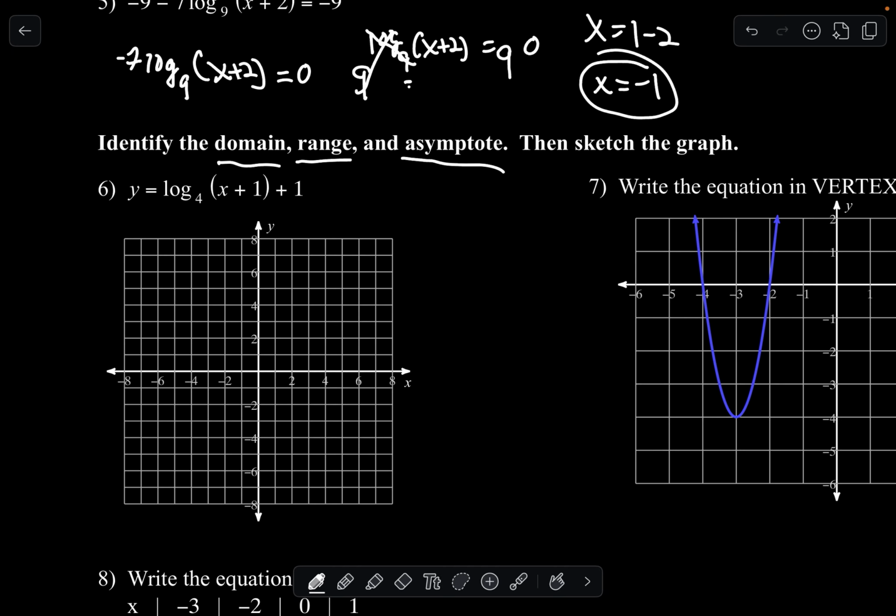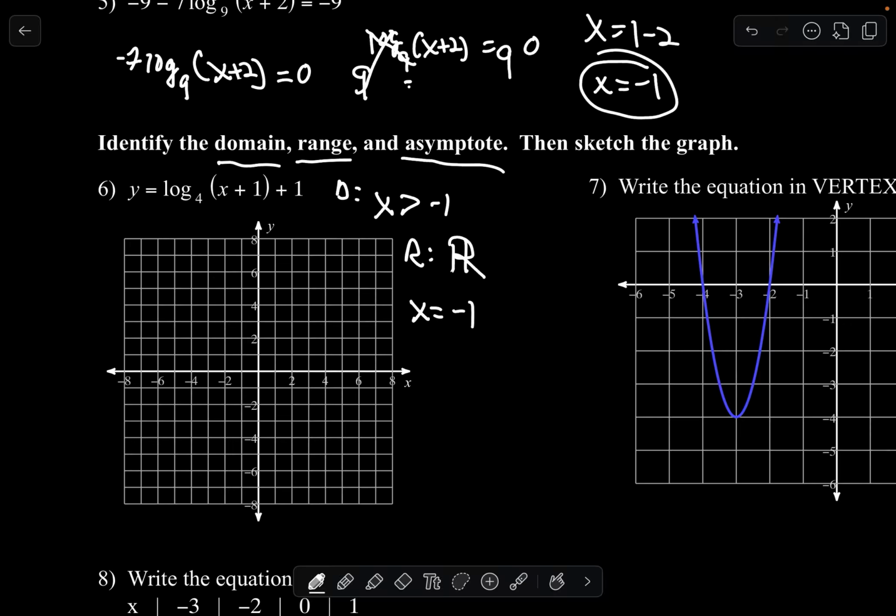So the domain is going to be all x greater than whatever the vertical asymptote is, which is negative 1. That's the domain. The range is going to be all real numbers, okay? And the vertical asymptote is going to be x equals negative 1.